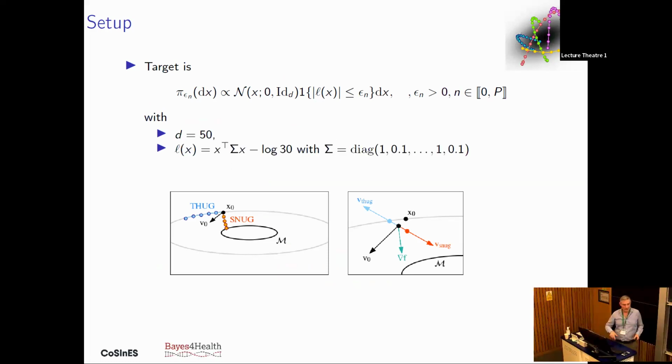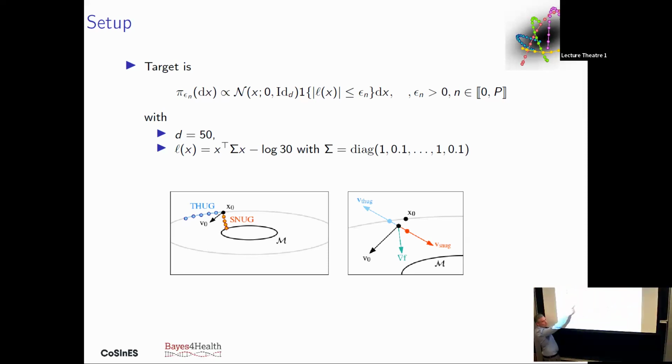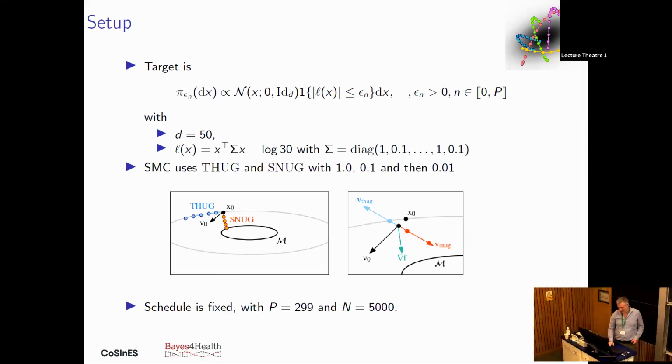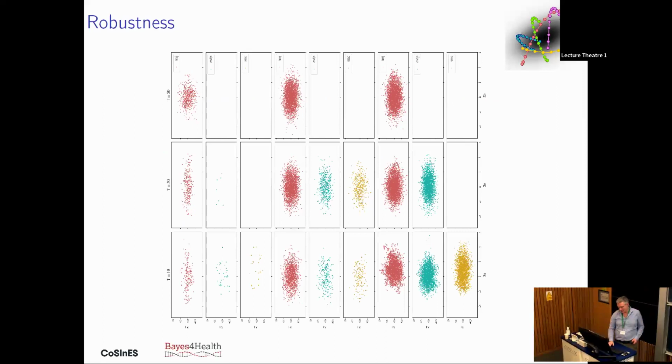Basically I'm constraining the support of the Gaussian to live on another ellipse, or at least very close to an ellipse. We are going to use two integrators, thug and snug. Thug is good at following contours, and snug is good at jumping across contours. I don't provide any details about how this works here.